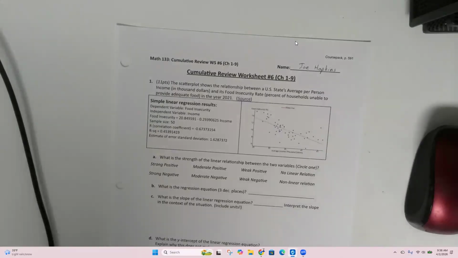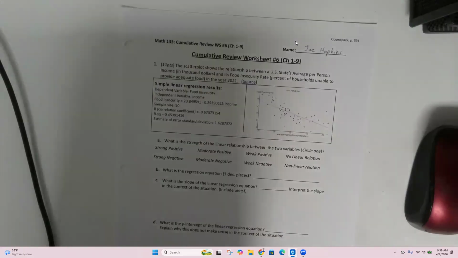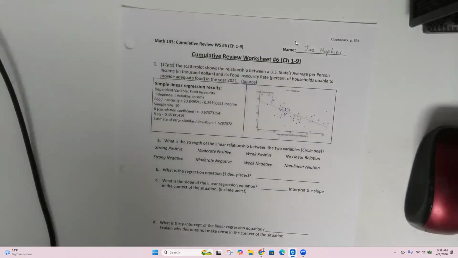All of this stuff here, like the strength of the relationship, the regression equation, the steps for calculating it, all of this different stuff is in your exam notes packet. What page is it on?